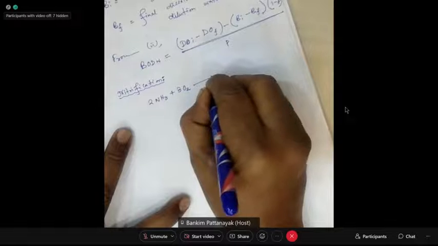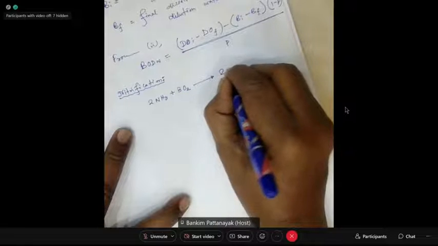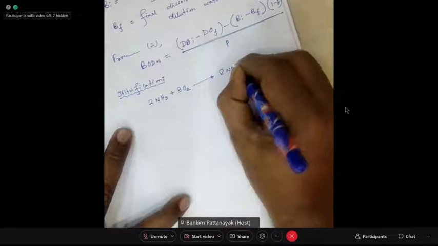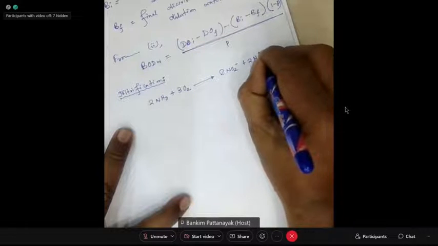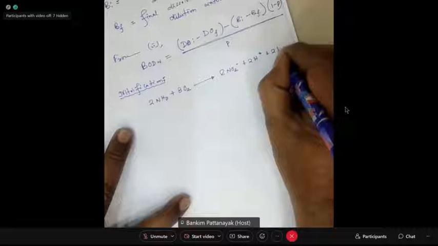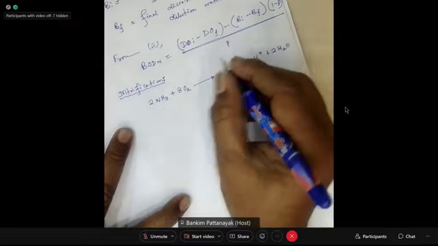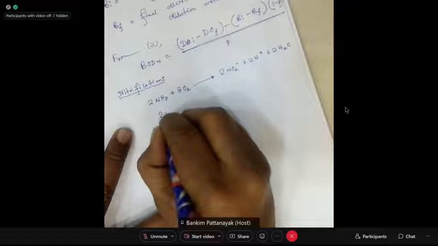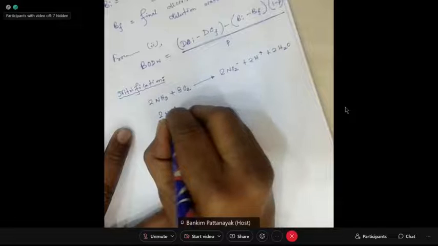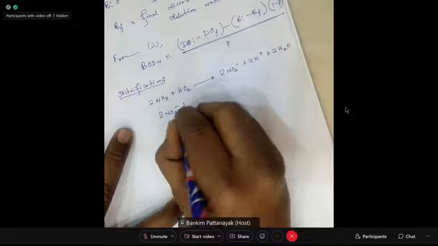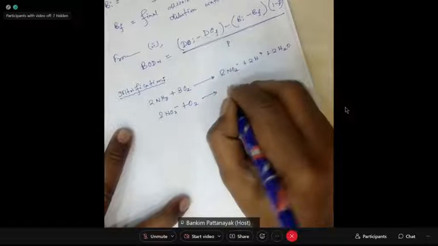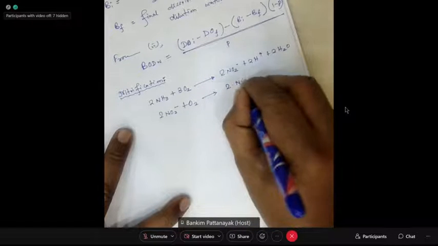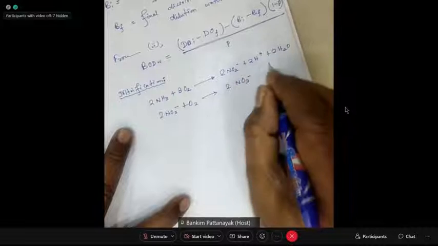It gives rise to 2NO2 minus plus 2H plus 2H2O, and 2NO2 minus plus oxygen gives rise to 2NO3 minus.